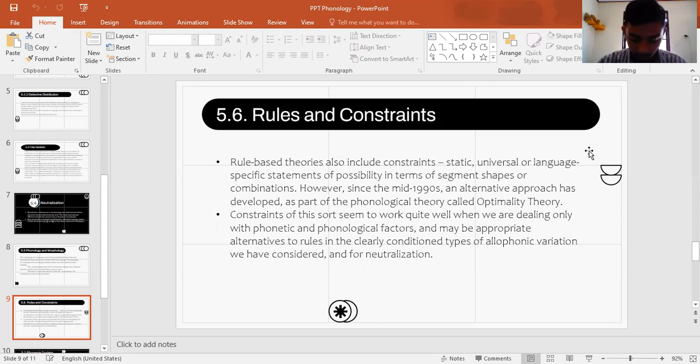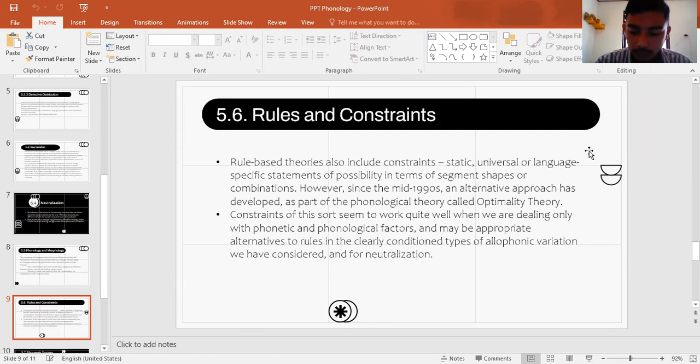I'll touch on the overlap between the two areas, commonly known as morphophonemics, which has been extremely important in the development of phonological theory over the last 50 years.